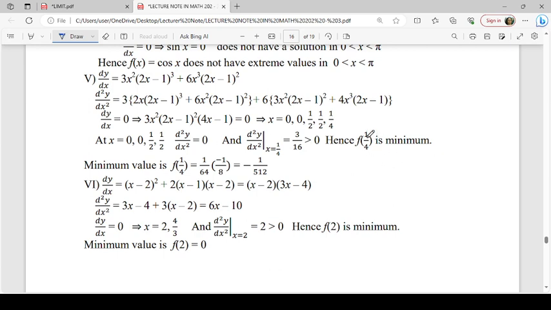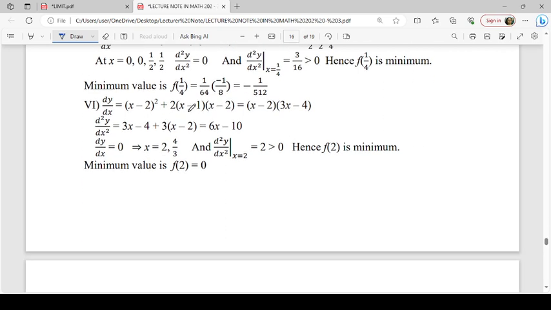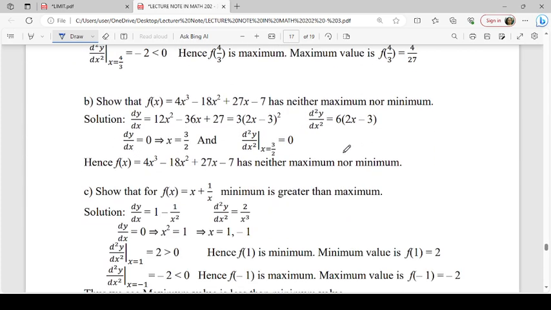So only 1/4 works, and it is minimum. Then these are some examples. So this is also neither maximum nor minimum, because d2y/dx2 is 0, so no extreme value here.